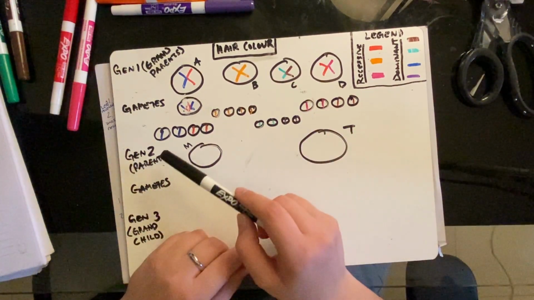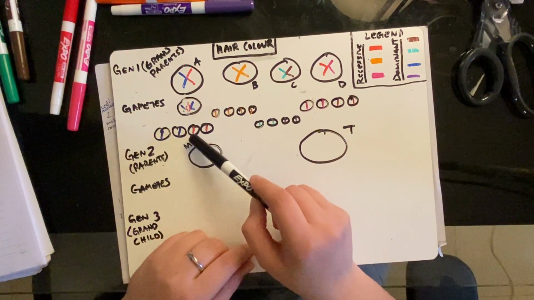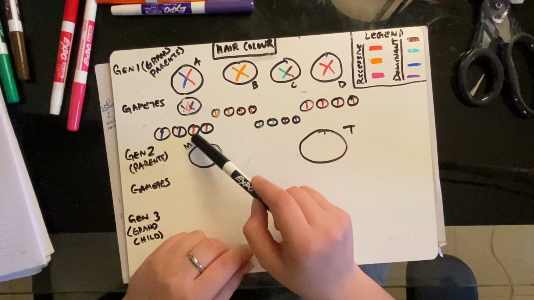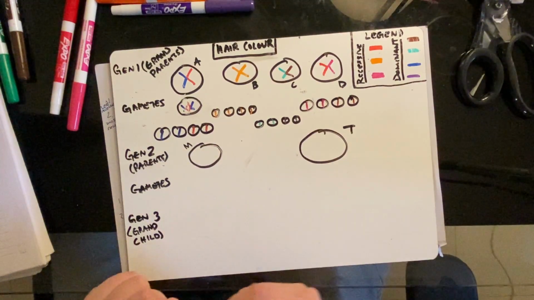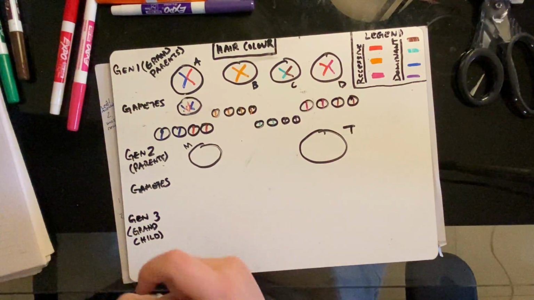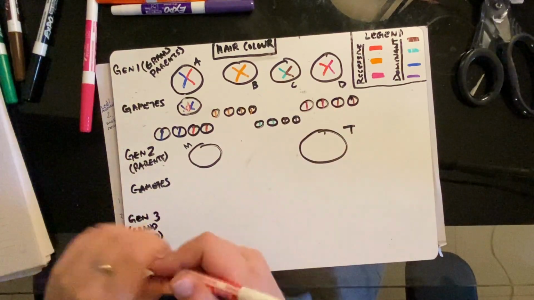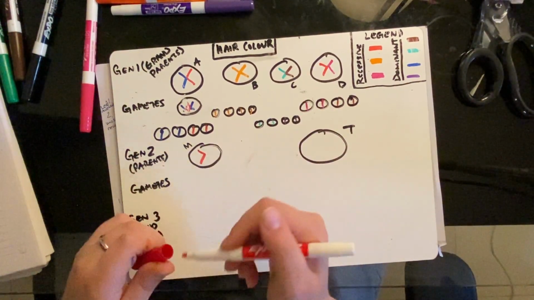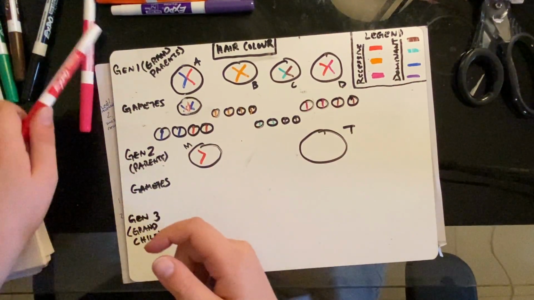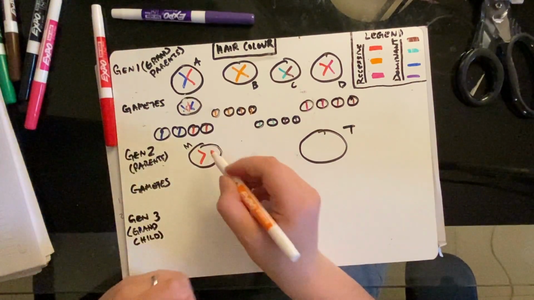But she might get a recessive gene as well from her mom, or a dominant gene. But let's just say that she got 2 recessive genes, one that is red and one that is orange.